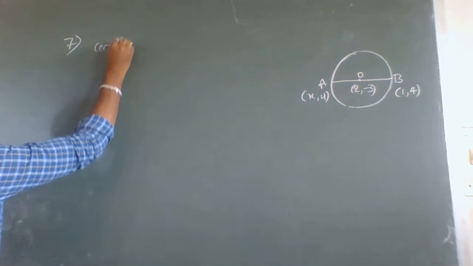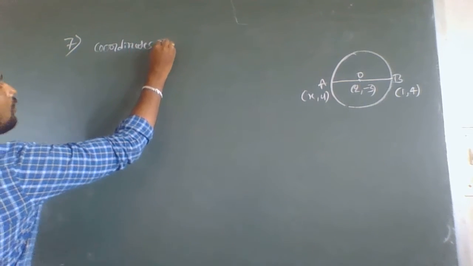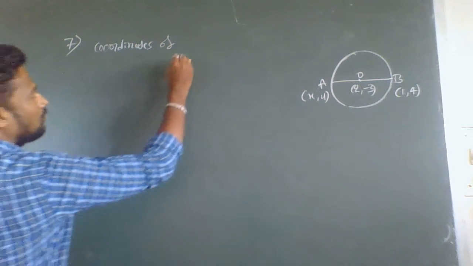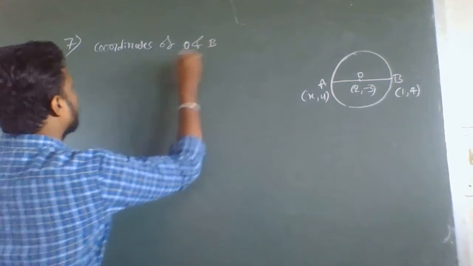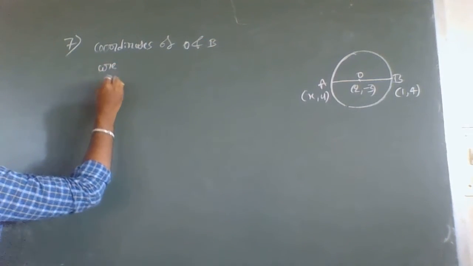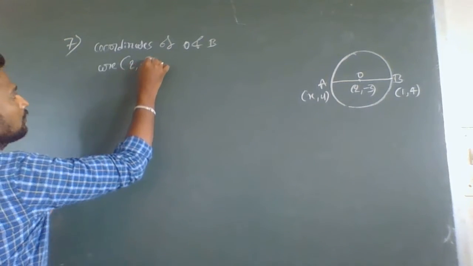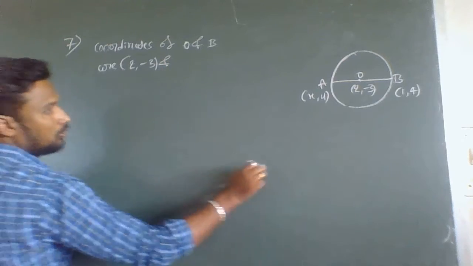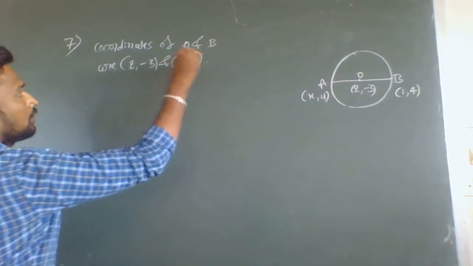So to calculate that, I will write the coordinates of O and B. The coordinates of O are 2, minus 3, and the coordinates of B are 1, comma 4.